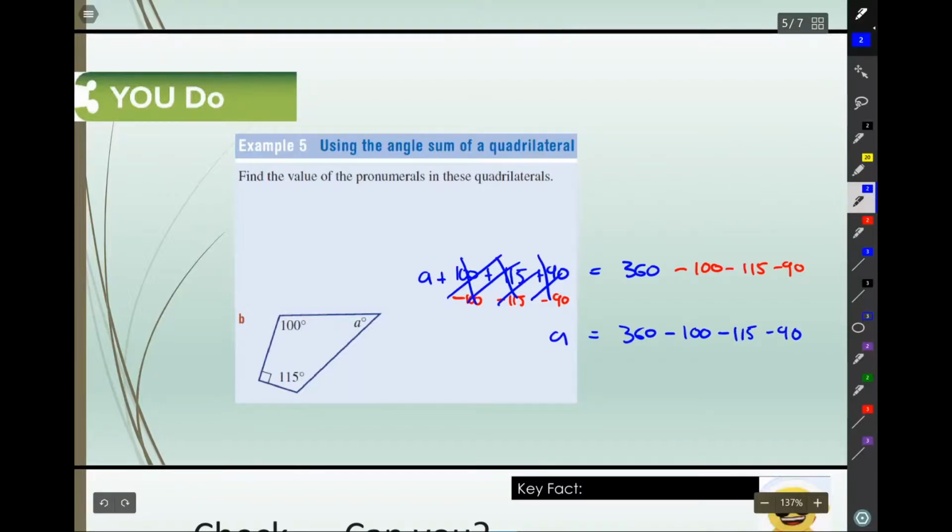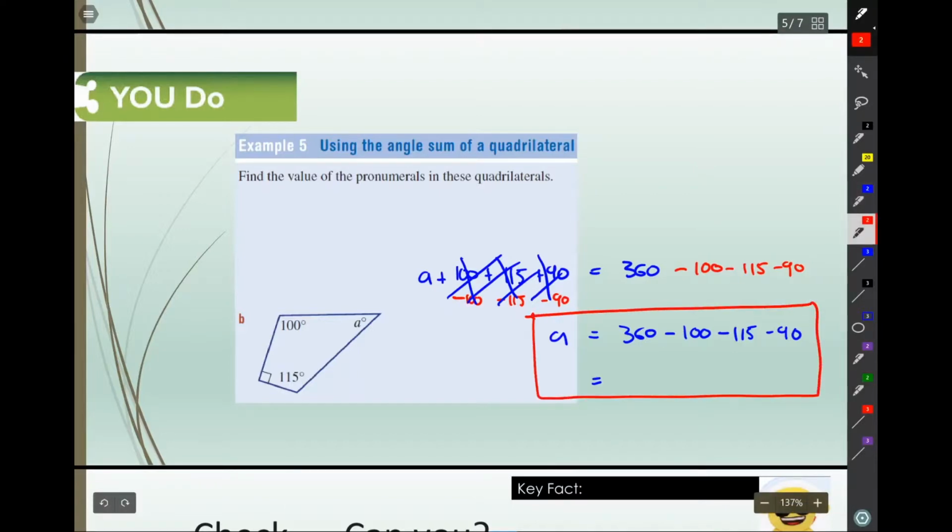Especially after yesterday, we should have had plenty of practice at recognizing how to do these questions. So I'm okay if your answers only look like this going forward. So the answer here is 55 degrees.